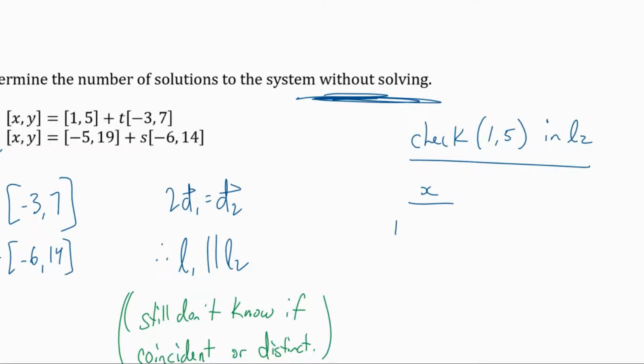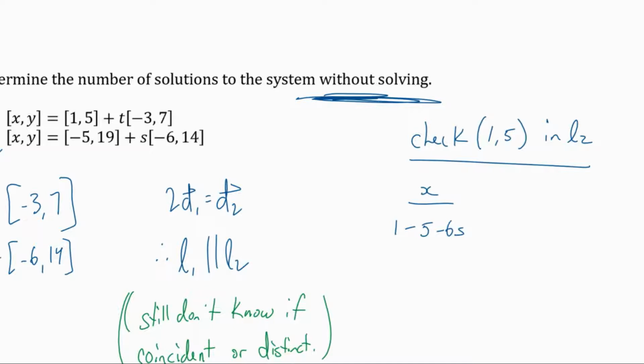One is the x value, minus 5, minus 6s. Okay.